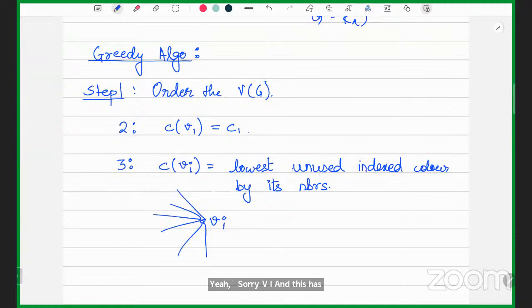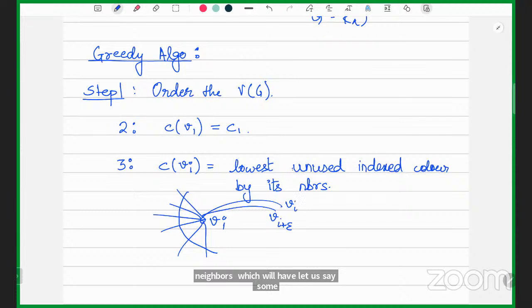Since I said I'm putting some order on it, these are the neighbors which have appeared earlier, and there could be some other neighbors with higher values, like Vi plus epsilon, Vi plus epsilon prime. But each neighbor that has come before Vi would have got some color.